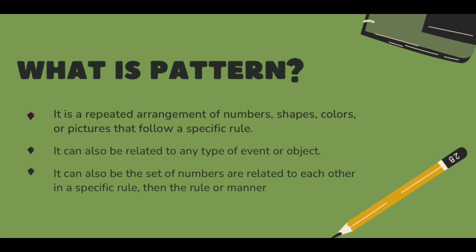What is a pattern? It is a repeated arrangement of numbers, shapes, colors, or pictures that follow a specific rule. It can also be related to any type of event or object. It can also be a set of numbers that are related to each other by a specific rule or manner.